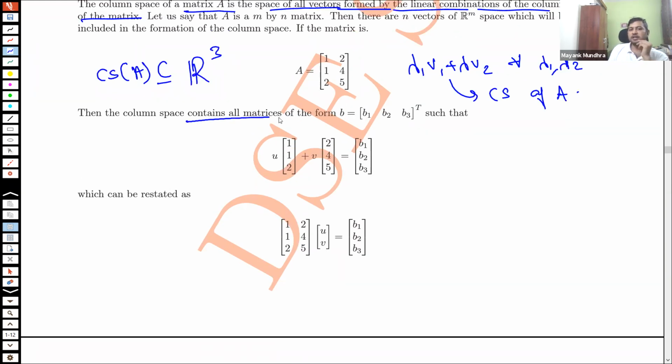Now the column space contains all vectors B such that for some U and V, U times vector 1 plus V times vector 2 becomes equal to B1, B2, B3.